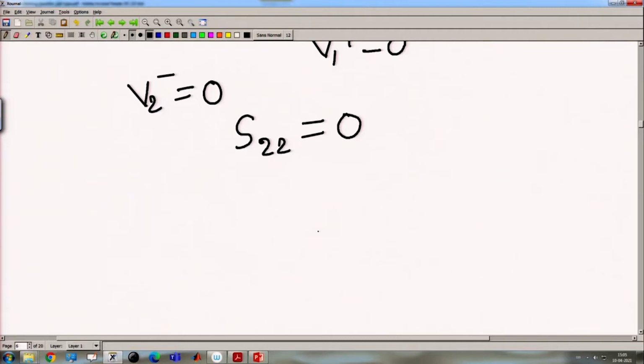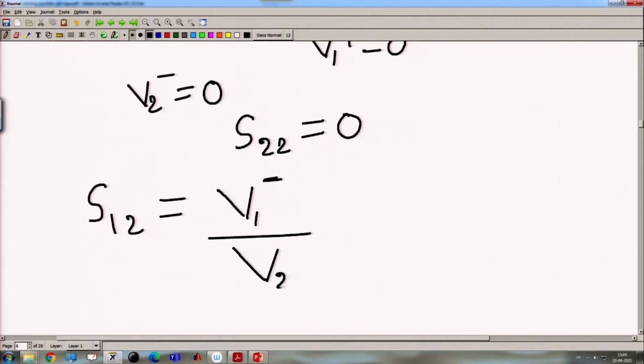And so, here we got S11 equal to 0, S22 equal to 0. Now, to find S12 and S21, for S12 we can write V1 minus divided by V2 plus when V1 plus equals 0.